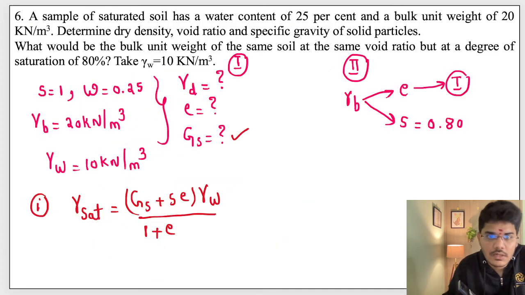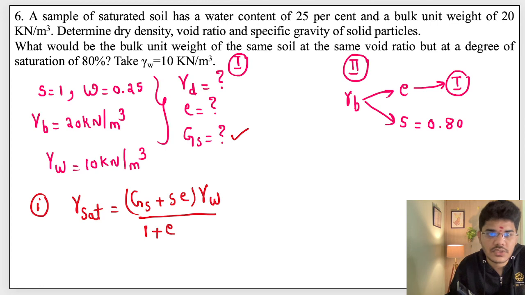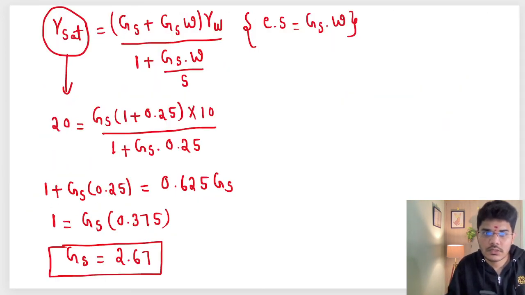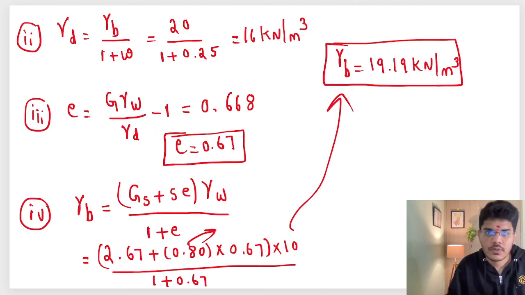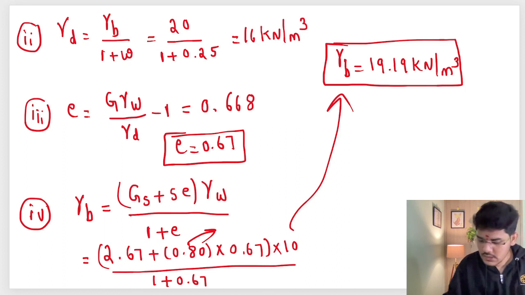So we have calculated gamma d, e, Gs and gamma b in the corresponding conditions which he has mentioned. Once again I'll check. Yeah, so gamma d is equal to 16 kilonewton per meter cube, e value 0.67, Gs value 2.67, gamma b 19.20. So this is all about this sixth practice question.